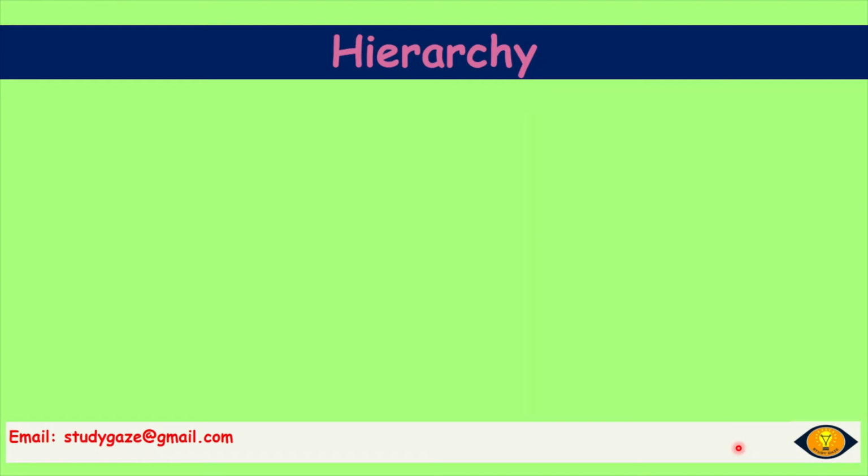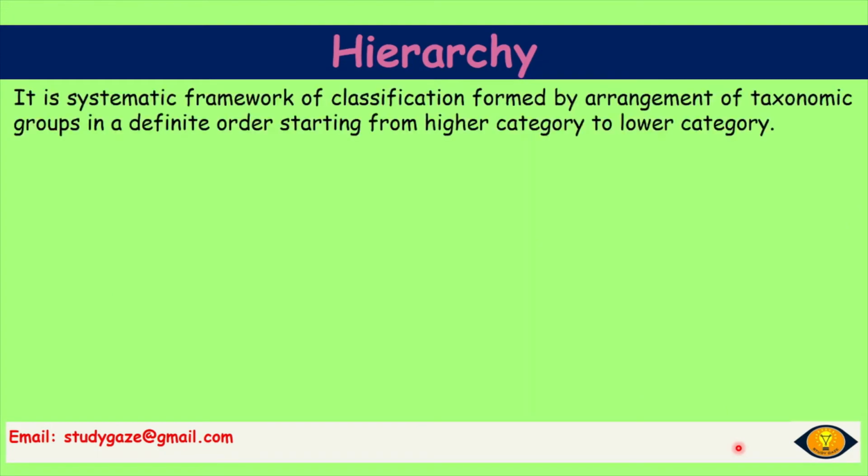Moving on to hierarchy. It is a systematic framework of classification formed by arrangement of taxonomic groups in a definite order, starting from higher category to lower category.